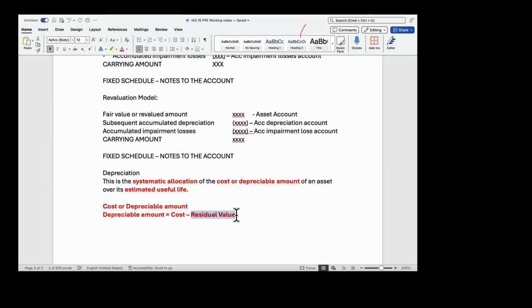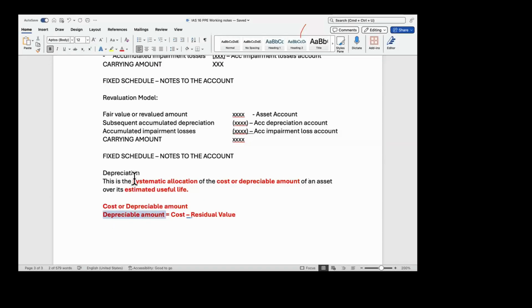And also because of that, residual value is something you would revise almost every year because it's an estimate. That is not where we are going. To determine depreciable amount is straightforward. It's simply cost minus residual value. Meaning depreciable amount is the amount that is allocatable.